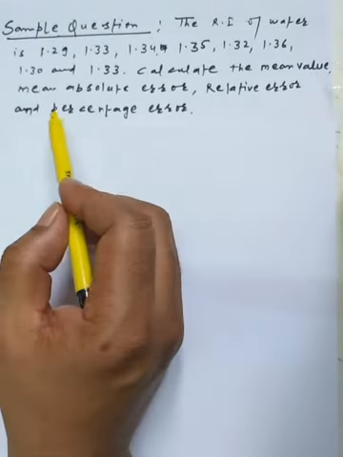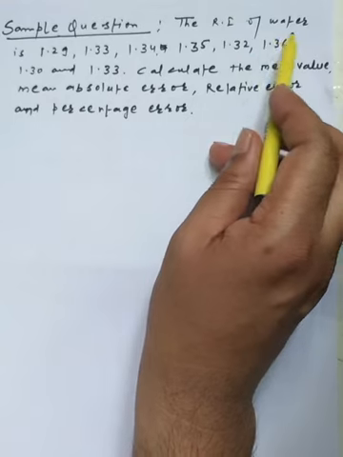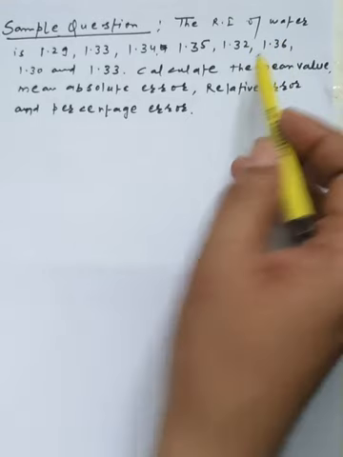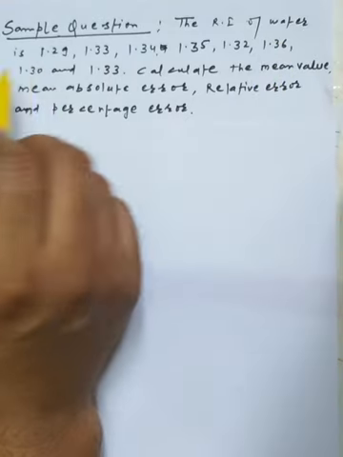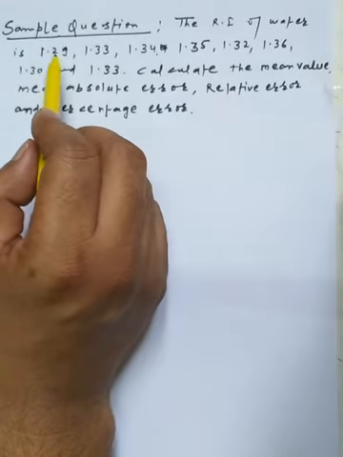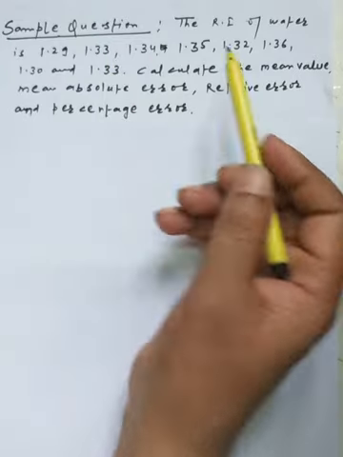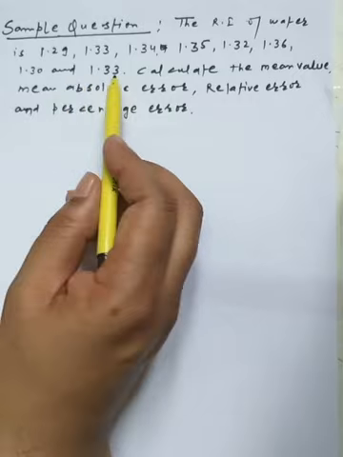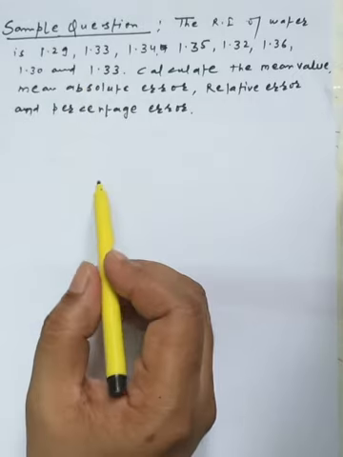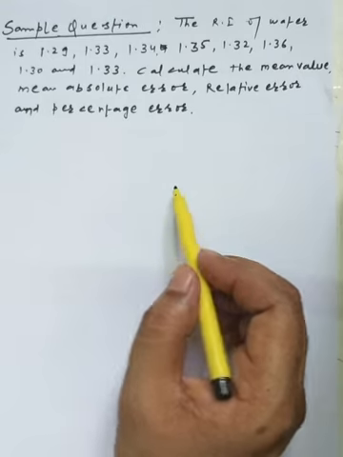So students, we have a sample question about the refractive index. The refractive index of water is measured several times: 1.29, 1.33, 1.34, 1.35, 1.32, 1.36, 1.30 and 1.33. So about 8 times we have measured the refractive index of water in particular measurements.